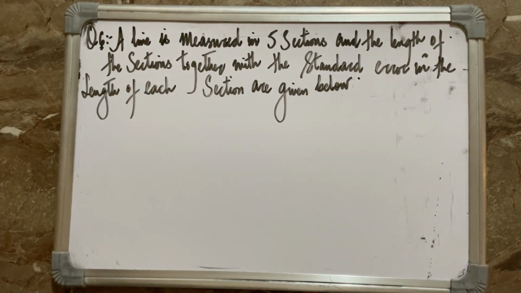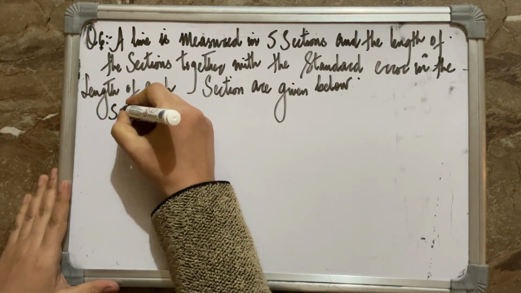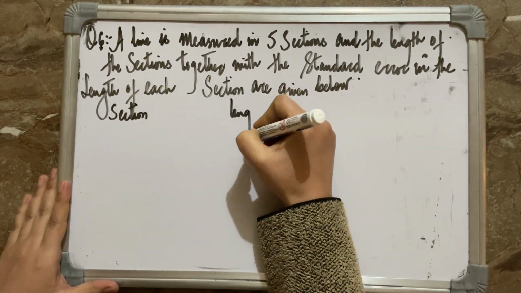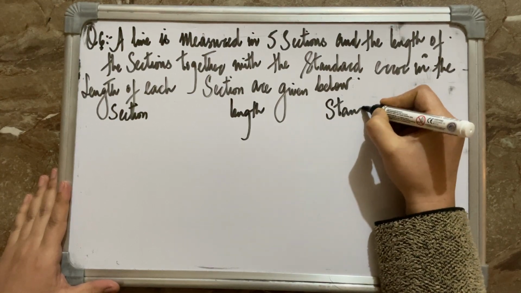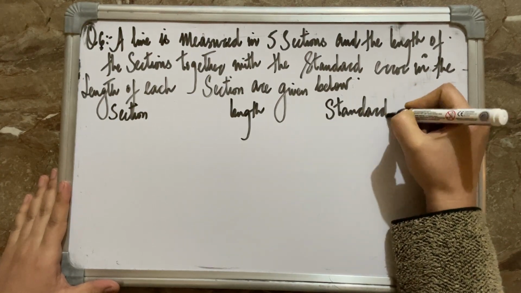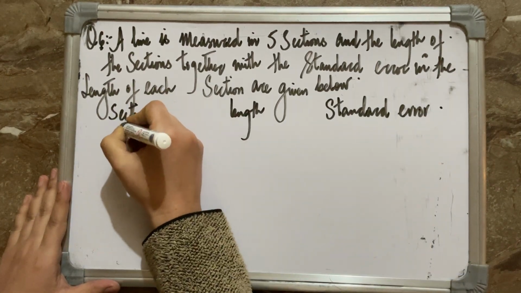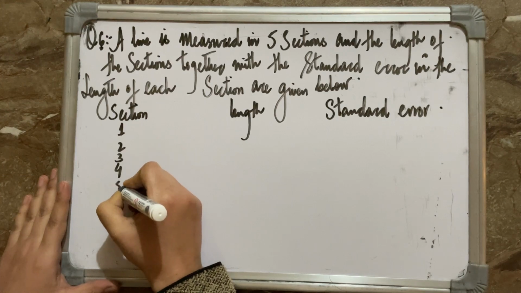Now we have section length and the standard error. It's 1, 2, 3, 4, and 5 sections we have.